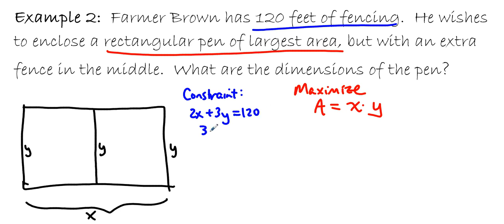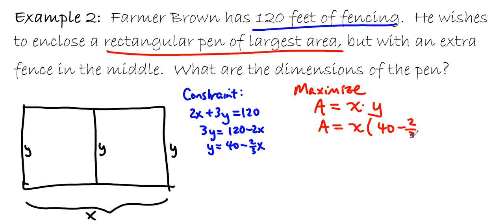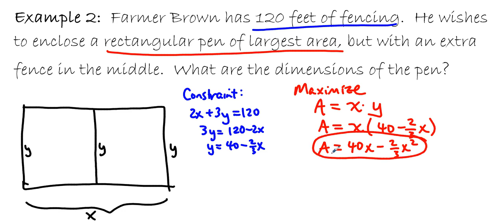And that means that 3y is equal to 120 minus 2x, and that means that 1y is 40 minus 2/3 x. And so that means that the area function is x times 40 minus 2/3 x. The area function is 40x minus 2/3 x squared. This is the thing we are looking to maximize.